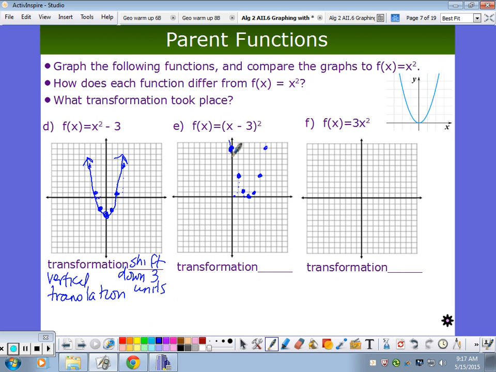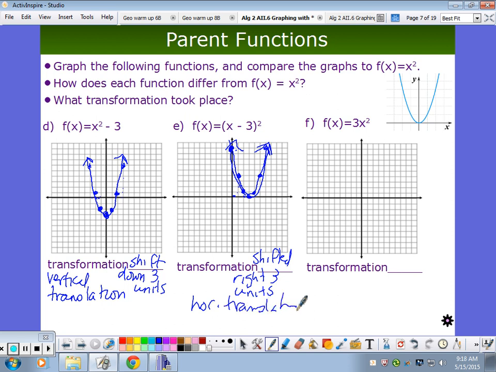Okay. That was a terrible connect the dots, but I think you see what I mean here. So you're right. Again, you're thinking about where is my parent function and what did I do to it? I shifted it right 3 units, and I have a horizontal translation here.